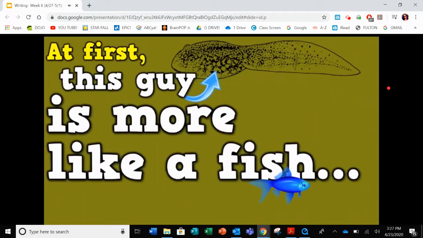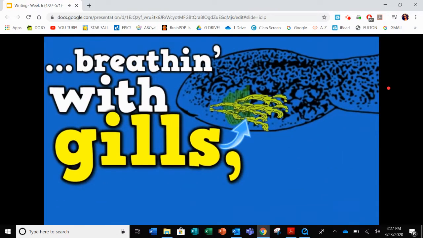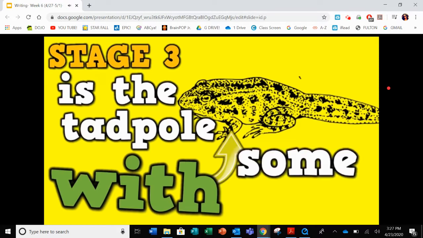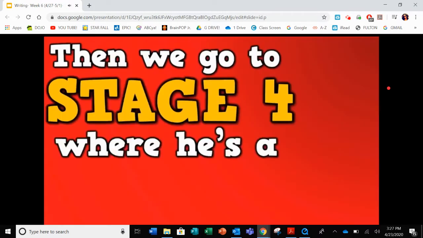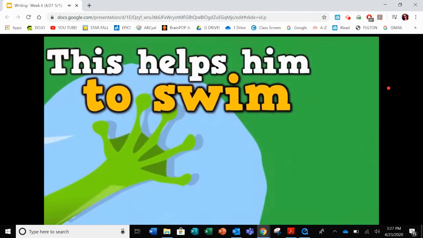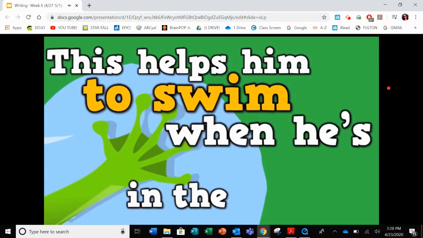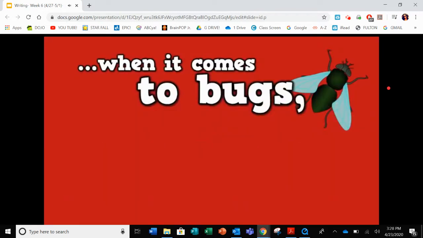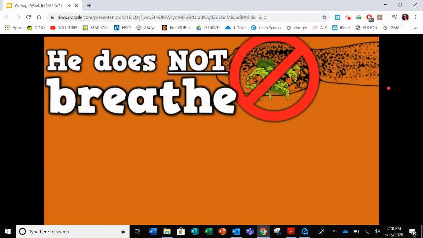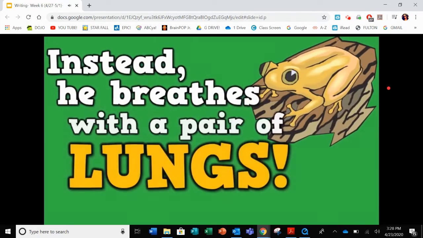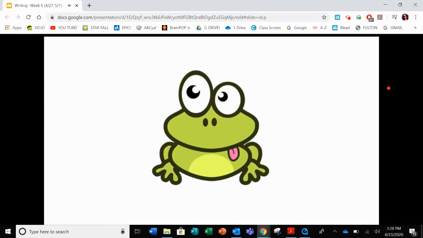At first, this guy is more like a fish, breathing with gills, just watch him swim. Stage 3 is the tadpole with some legs. Then we go to stage 4, where he's a full-fledged adult frog. Check out his webby feet. This helps him to swim when he's in the stream. Check out his legs, he's a really good leaper. When it comes to bugs, he's a really good eater. He does not breathe like he did when he was young. Instead, he breathes with a pair of lungs.